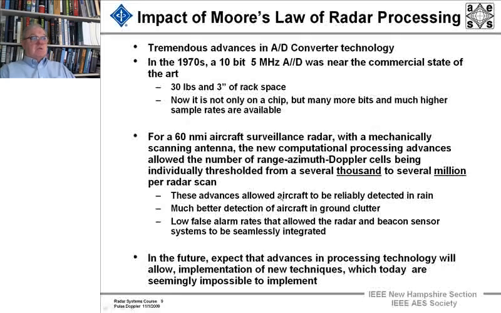And these advances allow aircraft to be reliably detected in rain, with much better detection of radar and ground clutter and very low false alarm rates, allowing the radar and beacon sensor on the air traffic control radar system to be seamlessly integrated. In the future, expected advances in processing techniques will allow new techniques.